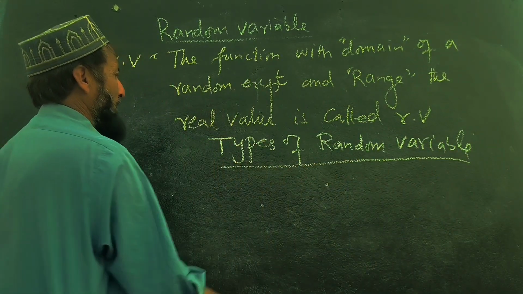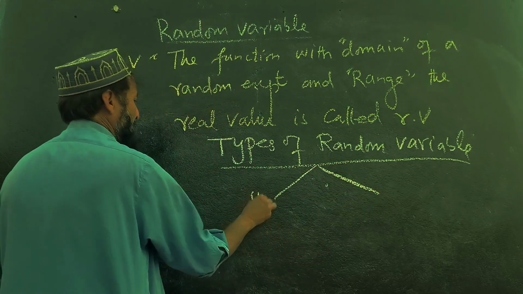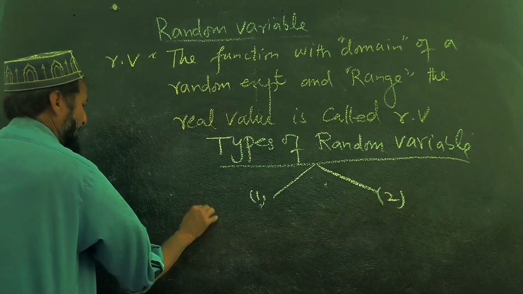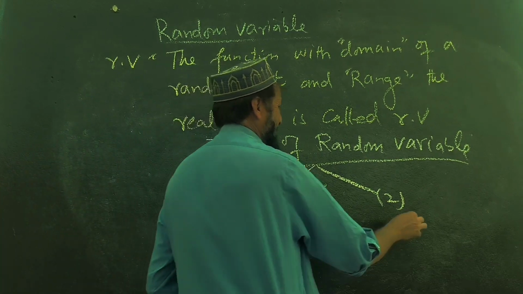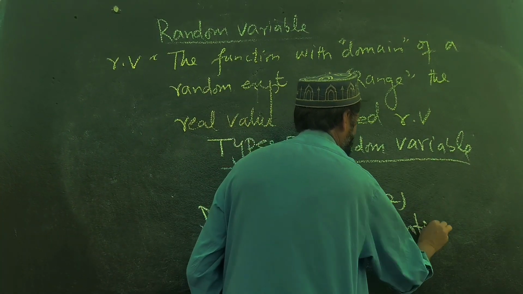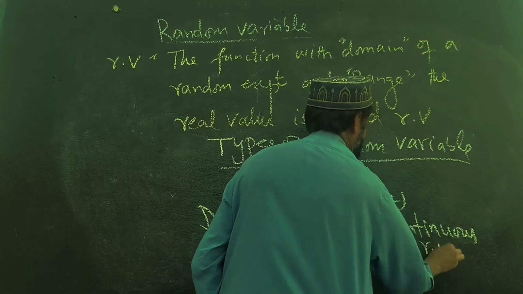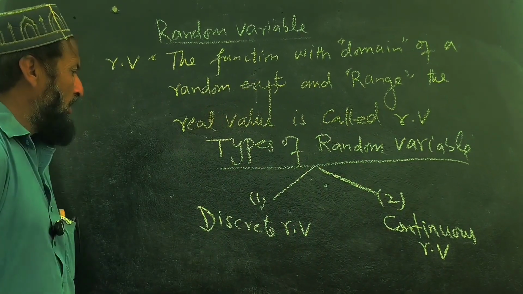There are generally two types of random variable. One is discrete random variable, and the second is continuous random variable. First we define the discrete random variable.